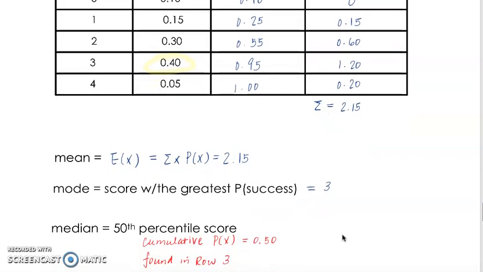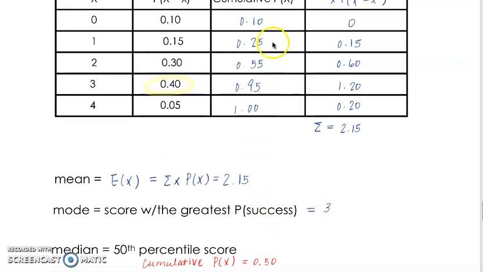And then the median is referred to as the 50th percentile score. So that means when you rank everything in order, it's going to be right in the middle of your data set. So the value of x that's occupying the middle position of your data set. In a sense, this is like looking at the cumulative probability, right? Because we're going from the least to the greatest.